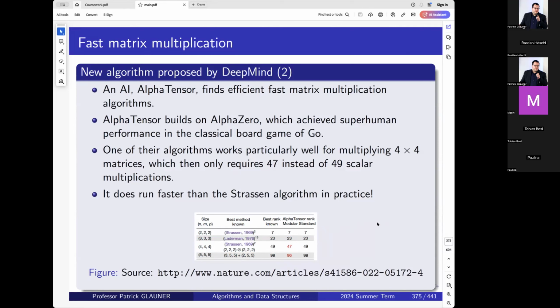It found the Strassen algorithm again, and I think some equivalent ones, but it didn't lead to an improvement. But for larger matrices, so splitting this huge matrix not in 2 times 2, but 4 times 4 ones, we would actually be able to do this with fewer multiplications. And this is 47 multiplications rather than 49.